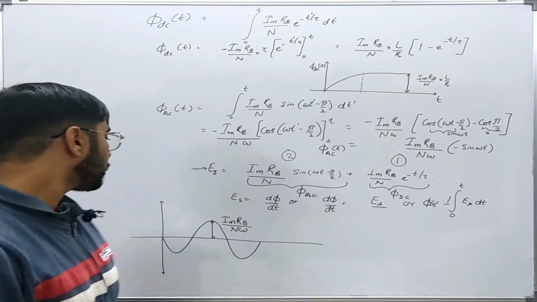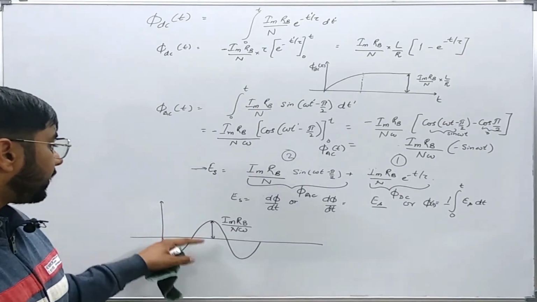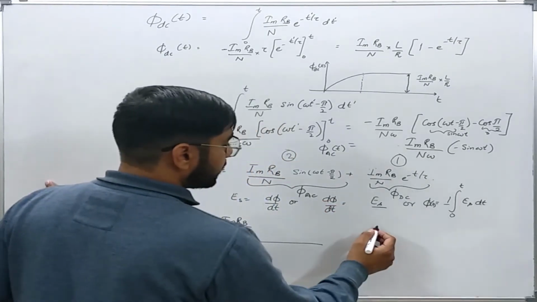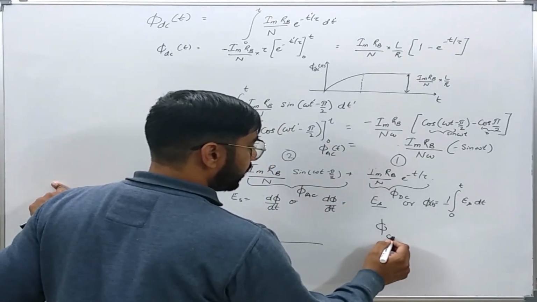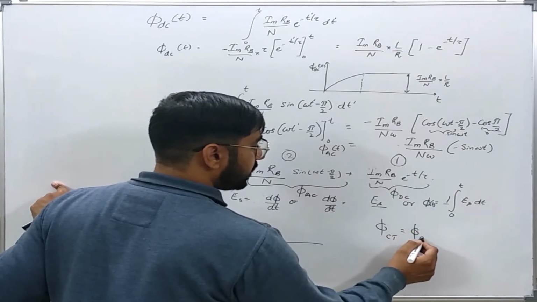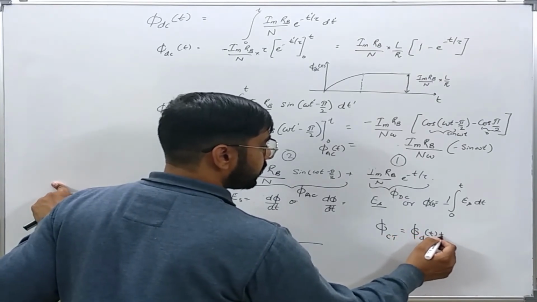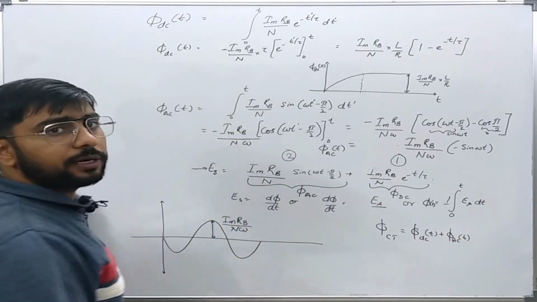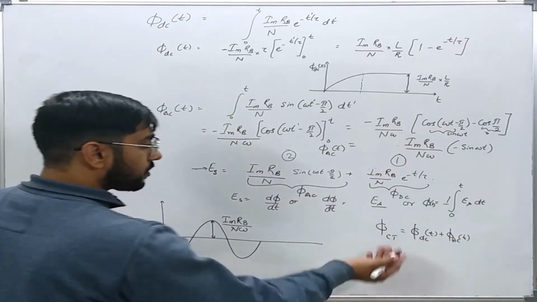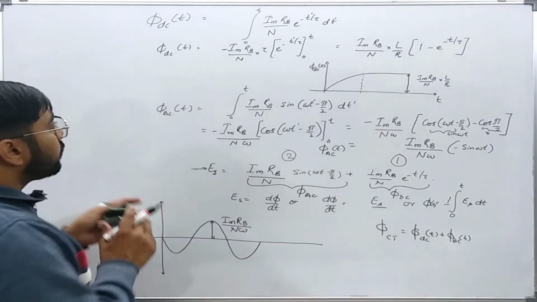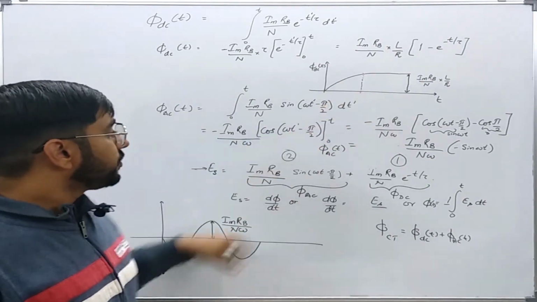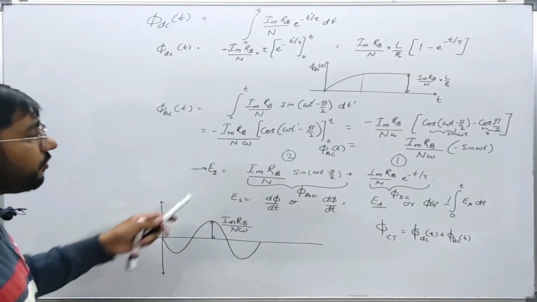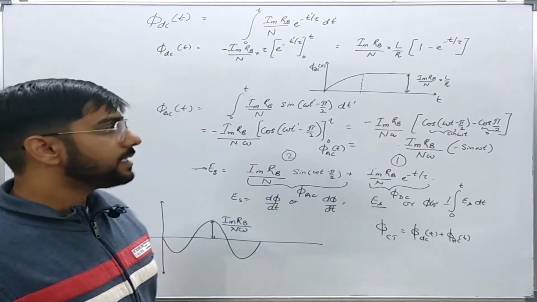Okay, so you see that until unless there is a saturation, the total flux in the CT can be written as phi DC(t) plus phi AC(t). After saturation we may not be able to write this. So I can club these two waveforms and draw the waveform for the total flux in the CT core.